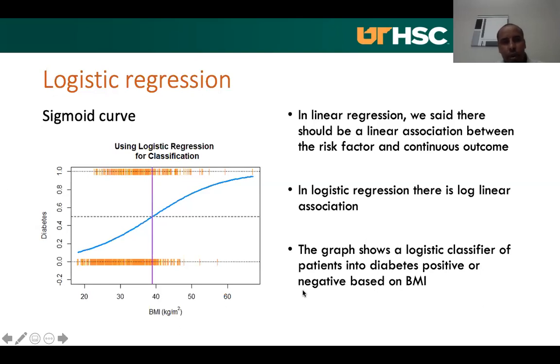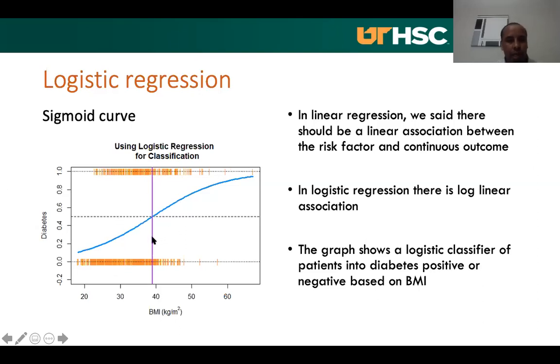This is another plot. It's a sigmoid curve, which shows the association between BMI and diabetes is not actually a straight line. It follows a sigmoid kind of curve. If the association between BMI and type 2 diabetes was linear, rather than data points concentrated in only two places along the y-axis, we might find the values all over the place and might fit a straight line.